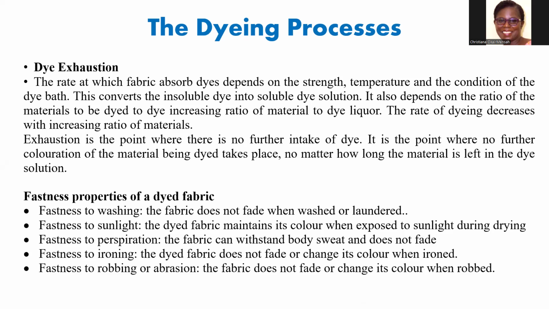If you iron it, so it's fastness to ironing, fastness to rubbing or abrasion. When you walk, then in between your thighs and between your armpits, the color will not fade. So there's fastness to washing, fastness to sunlight, fastness to perspiration, fastness to ironing, fastness to rubbing or abrasion. If in all these things the color is not fading, it means that the color is good.